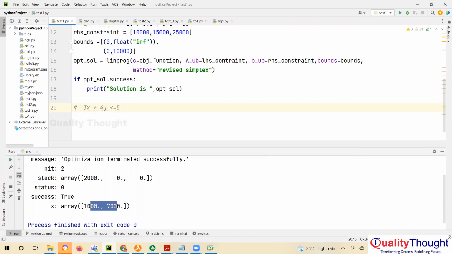Because less than means what? Everything is possible. If it is equal to, then it is easy to solve. Less than is difficult. So what they do is simplex. We'll not get into details of that, but you know what it does.